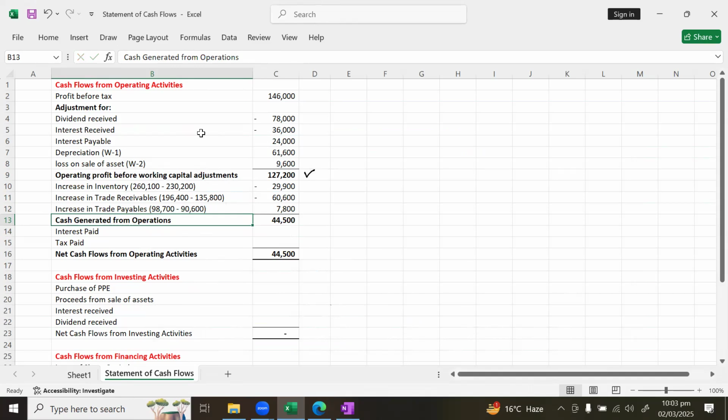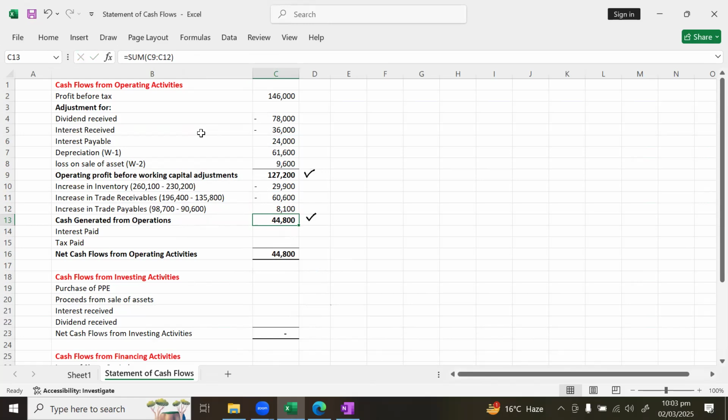So 98,700 minus 90,600 is 8,100. So these results will be cash generated from operations.